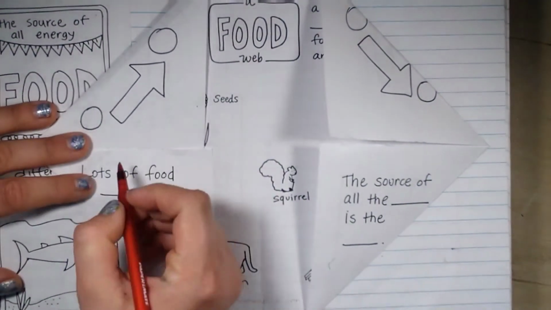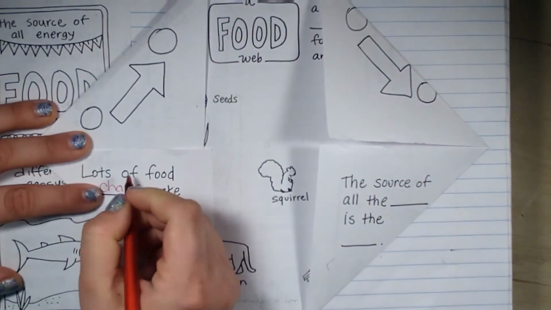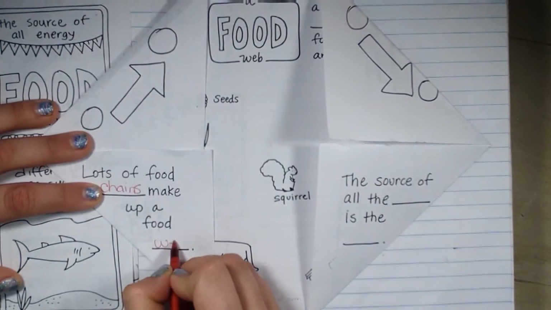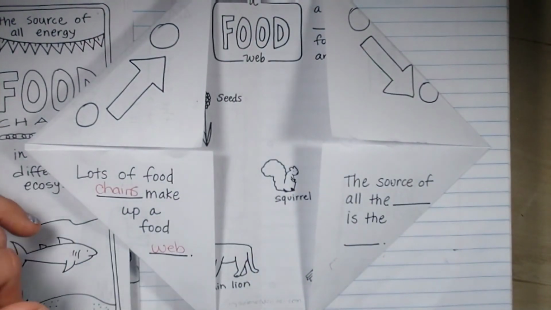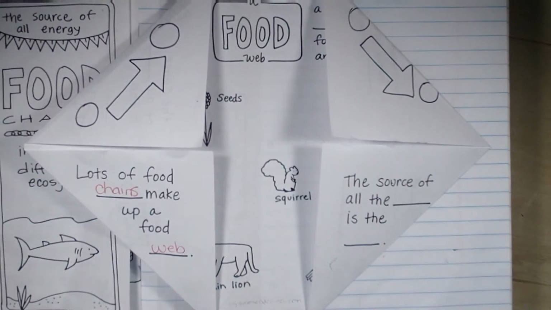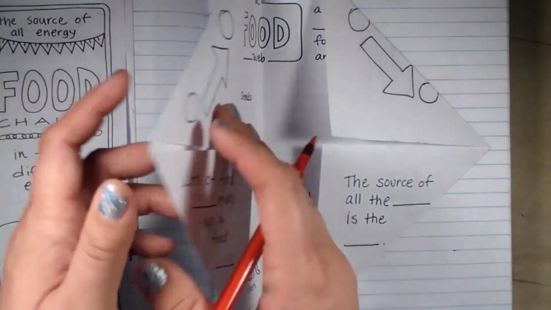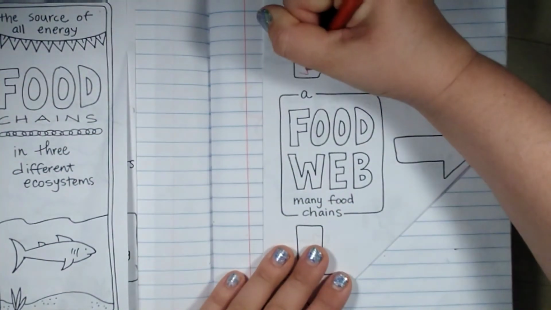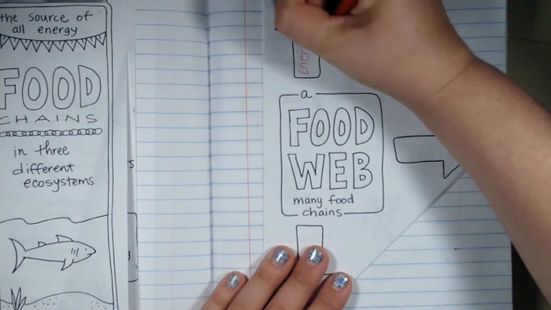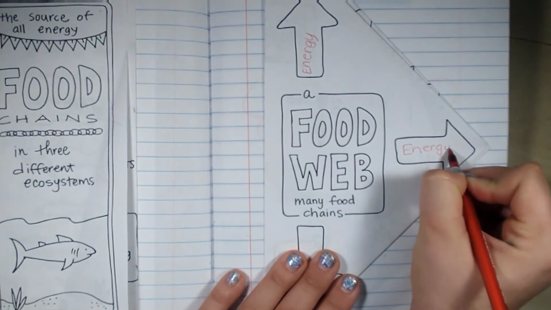Okay. So lots of food chains make up a food web. So when we have a lot of different food chains together, we've talked about individual food chains, now we have food webs. I'm going to go like this. We have energy going one way. We have energy going this way.